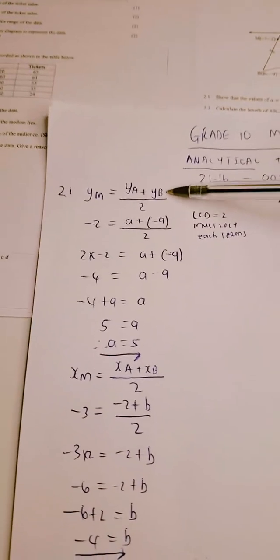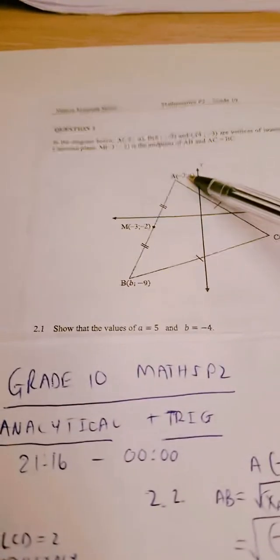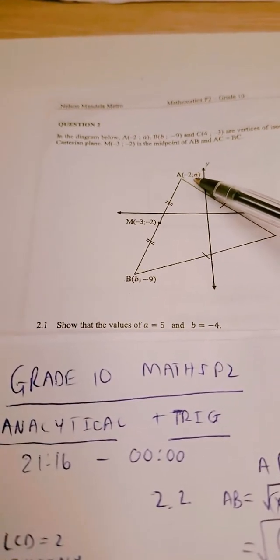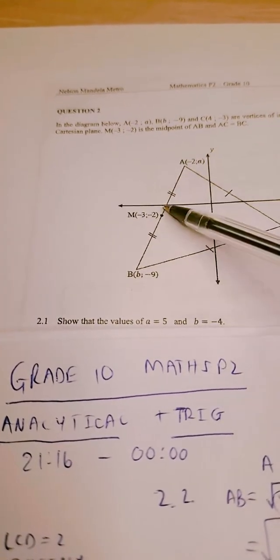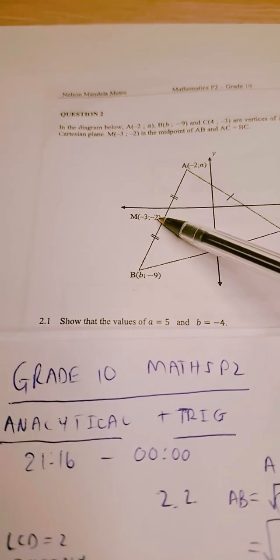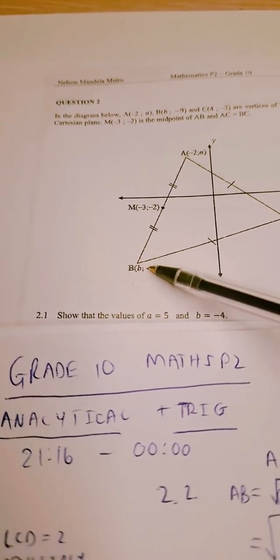Okay, the formula of the midpoint, where we set up two equations. How so? We want A, which is the y-coordinate of the line AB. We have the y-coordinate of the midpoint and the y-coordinate of the other endpoint.